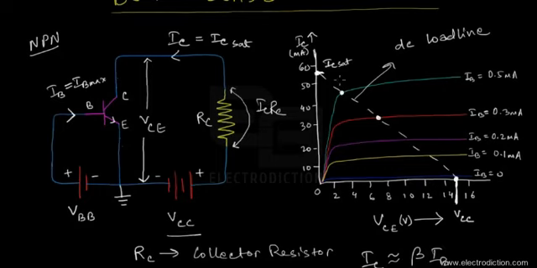We'll just call them Q1, Q2, also Q3, Q4, and this one over here as, let's say, Q5. So as you can see over here, these points denoted with the symbol Q are the points where the DC load line intersects with the output curves for different values of base currents.